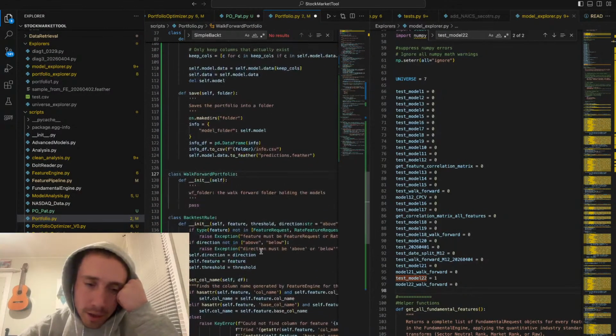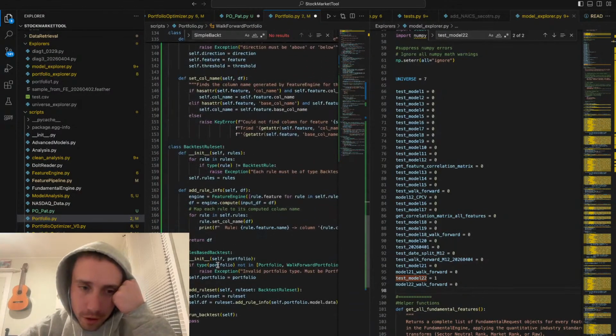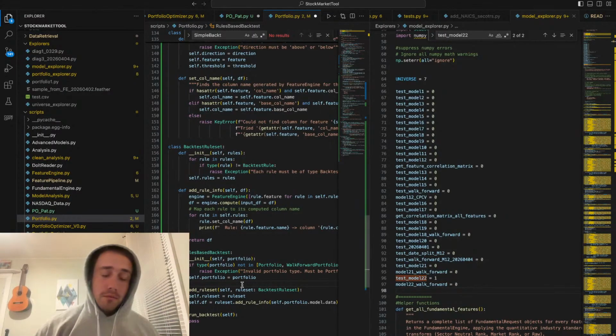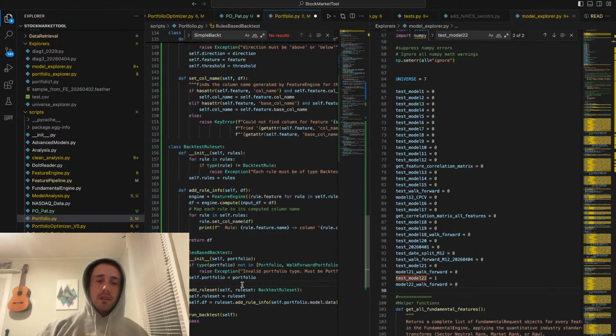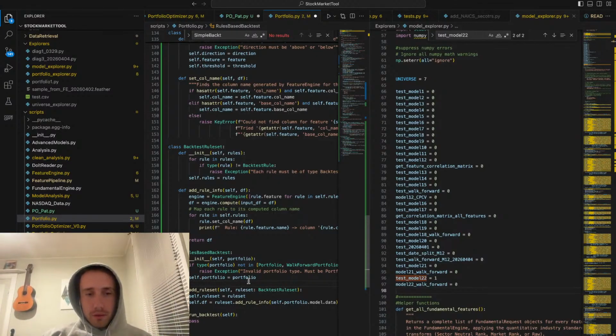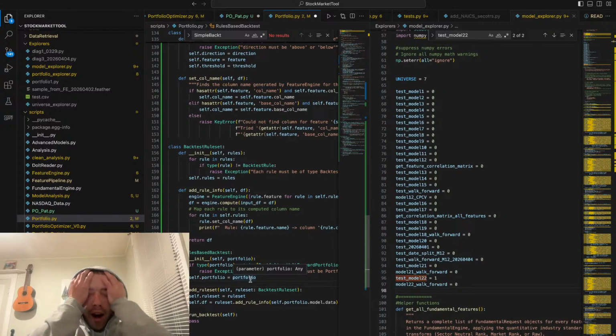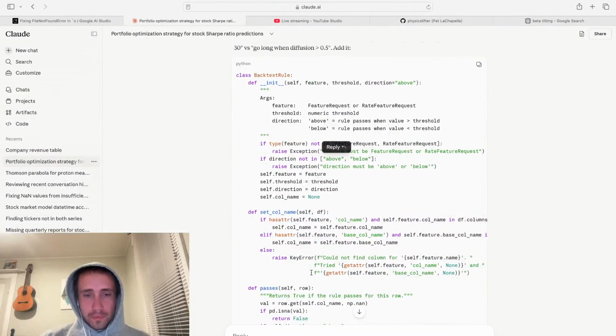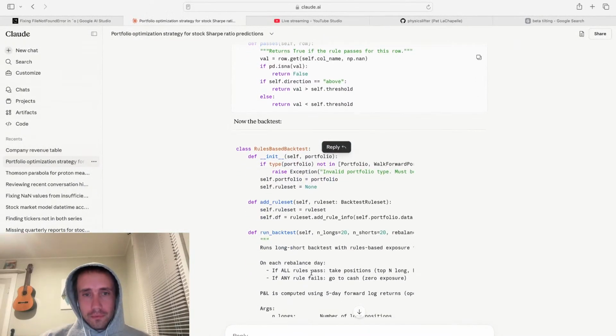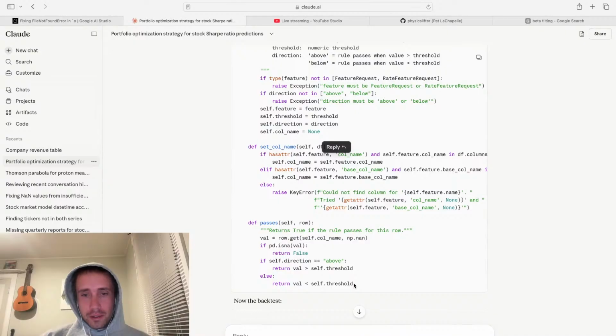I guess, yeah, let me get to the point tonight where I do the differential evolution on the rules-based back test. Well, let me just make a rules-based back test, then it'll be easy to add differential evolution. Now I need passes.